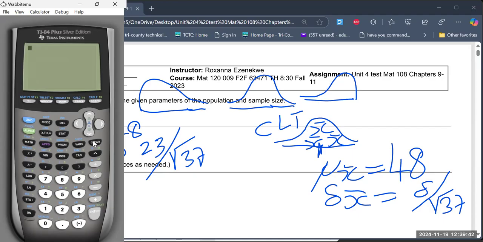Okay, great. All right, so all I want to do now is calculate the standard error. Remember, standard error is the standard deviation of the central limit theorem.